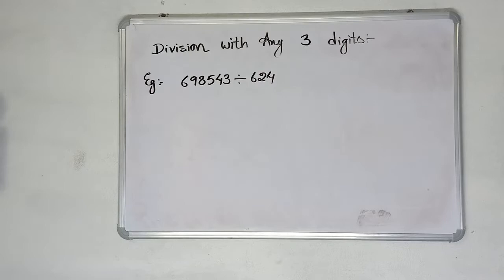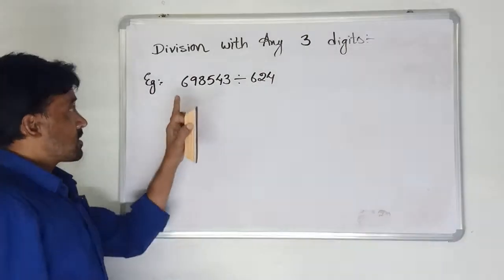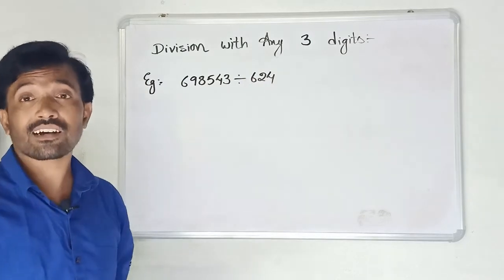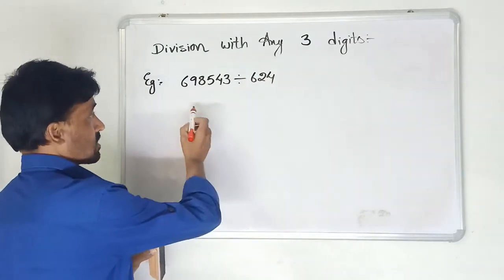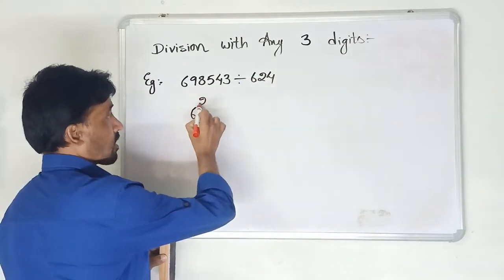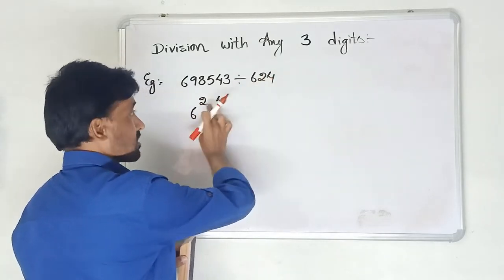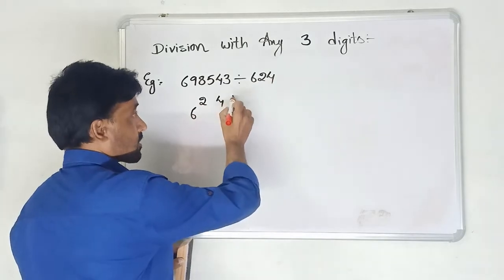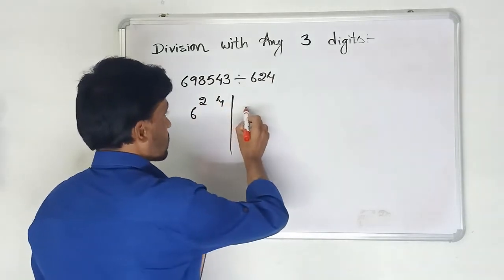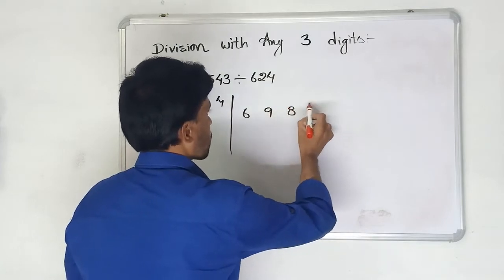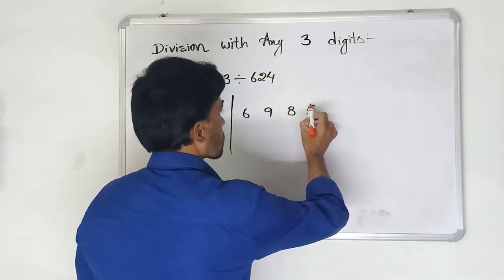Next, one more example I am giving: 698543 divided by 624. Similar concept. The left-hand side digit 6 is taken as the divisor part. The extra digits are taken as suffix. The dividend is taken as individual numbers with some space.